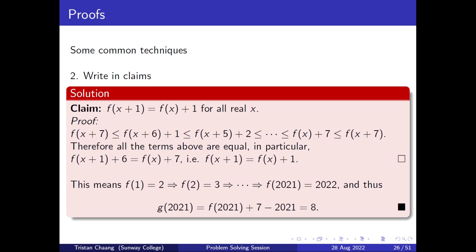So the first thing is to prove that f(x+1) equals f(x)+1 for all real x. Then you give a proof. So you know that claim. It's a nice way of writing what the main points of your proof are. And this means f(1) equals 2 implies f(2) equals 3 and so on. So f(2021) is f(2022). And then you get your answer.